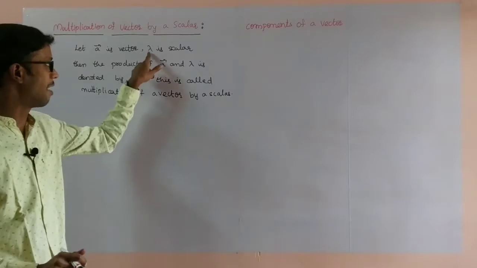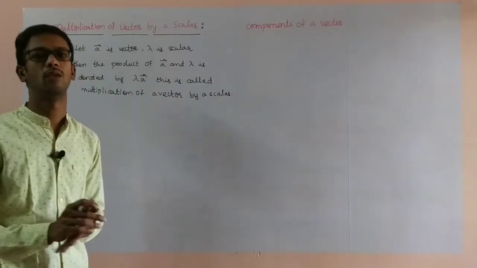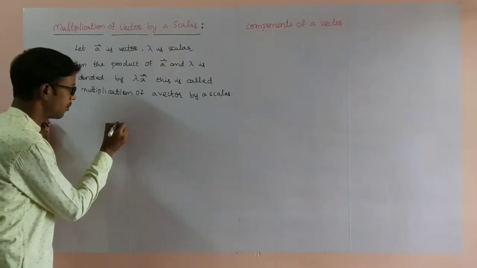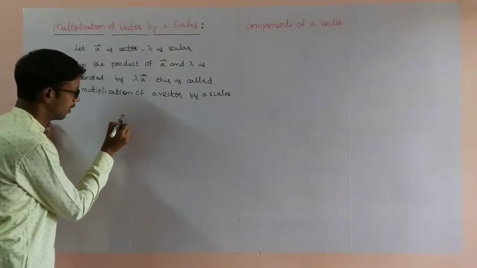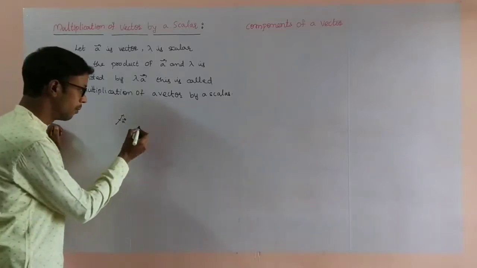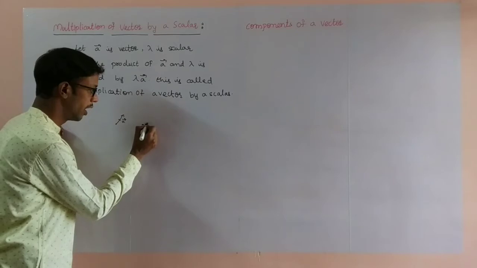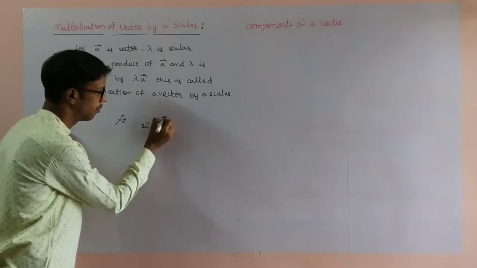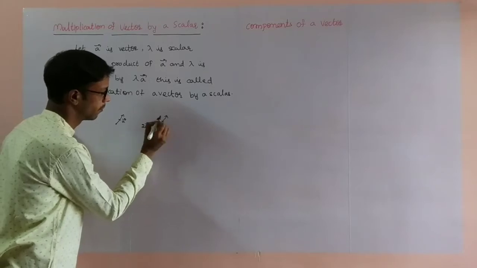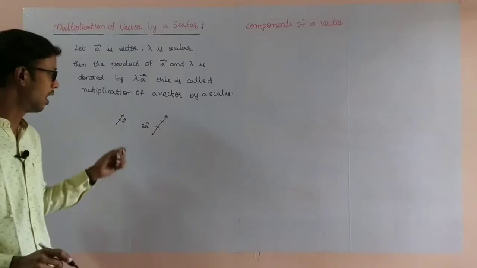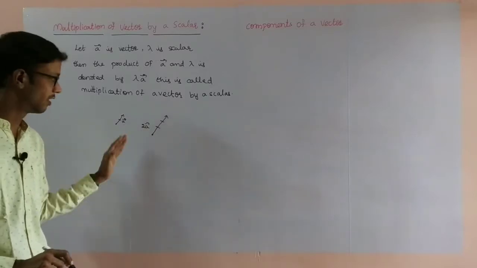That lambda value may be positive or negative. One example I'll take here. A bar is a vector. If you multiply 2A bar, you get 2 times A bar, in the same direction.